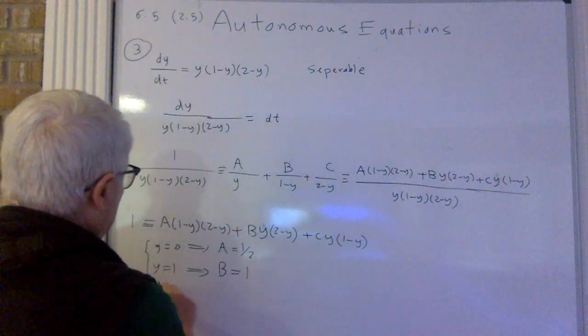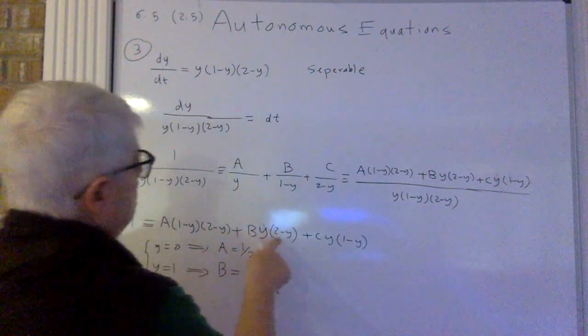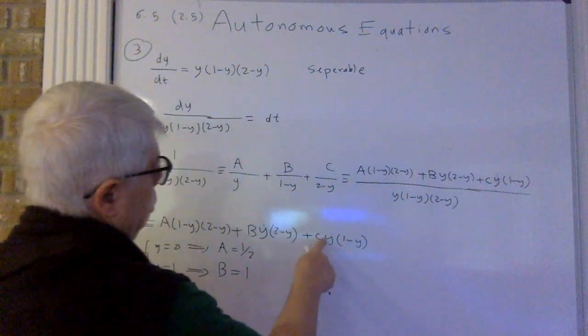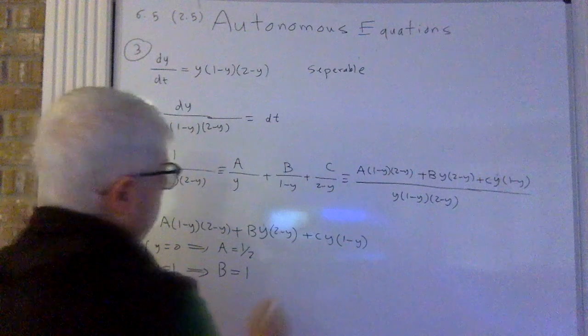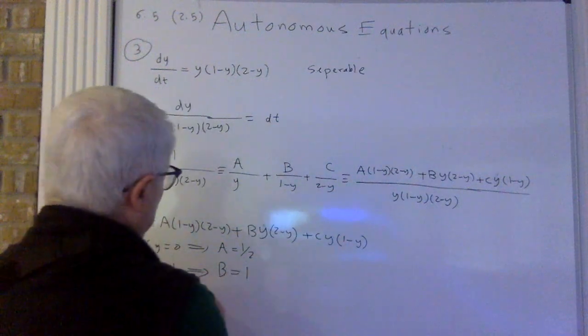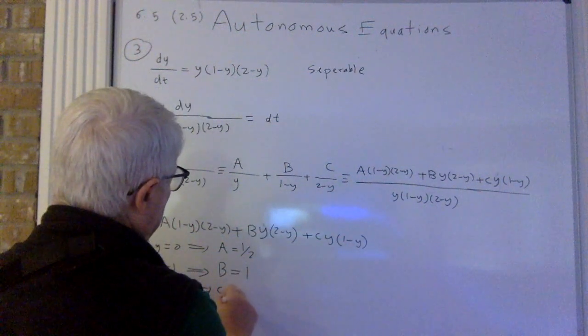And y equals 2, this is 0, and this one will be 2 times 1 minus 2, that's minus 2, so this gives me c is minus 1.